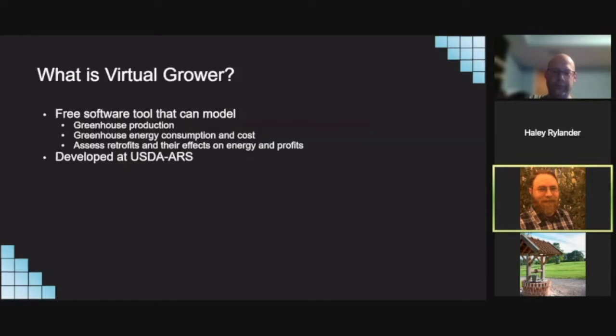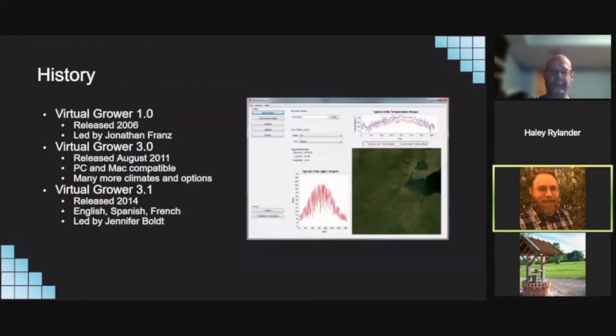So Virtual Grower is a tool that lets us do energy modeling, and it's specifically designed originally for greenhouse production. It looks at greenhouse energy consumption and cost. Again, you can assess the effects of retrofits on energy and profits, and it was developed at USDA-ARS. Originally, it was released in 2006 with Jonathan France as the lead.